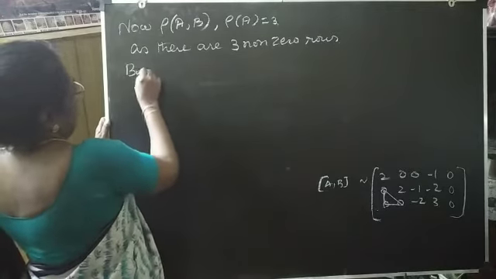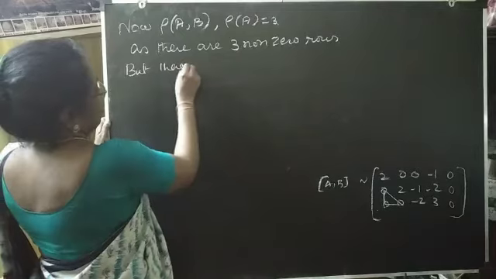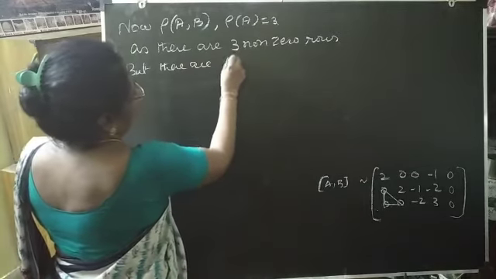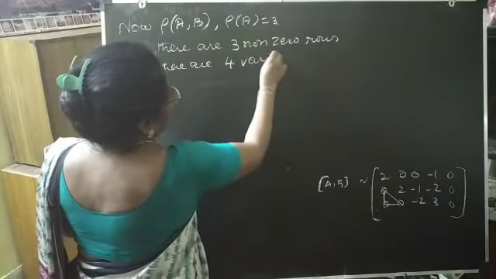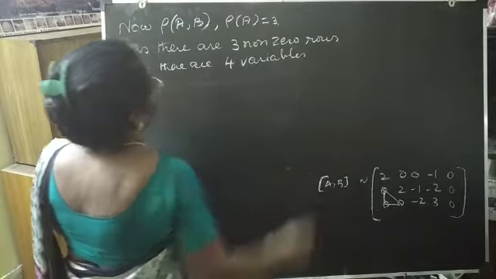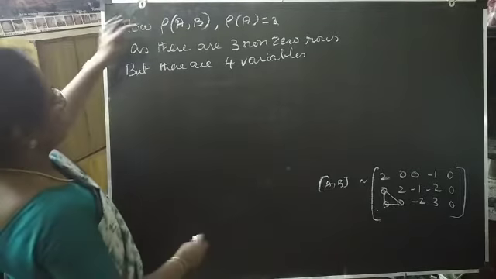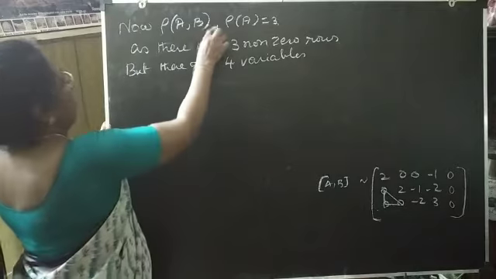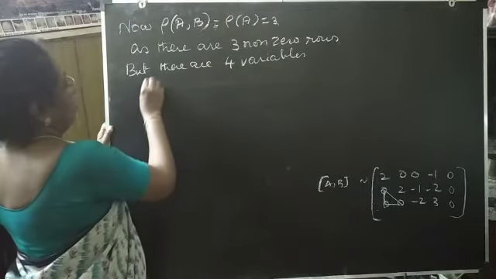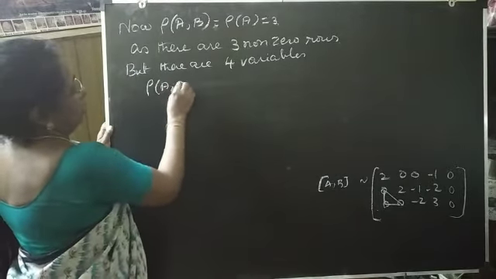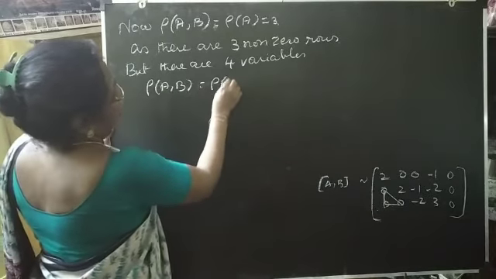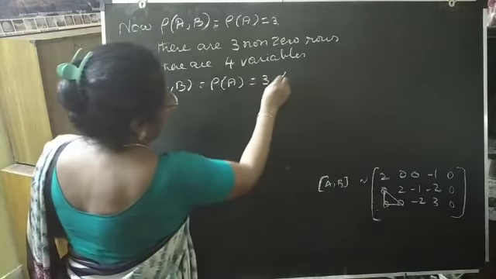But there are 4 variables, x1, x2, x3, x4. So this rank of AB is equal to rank of A is equal to 3, which is less than n.